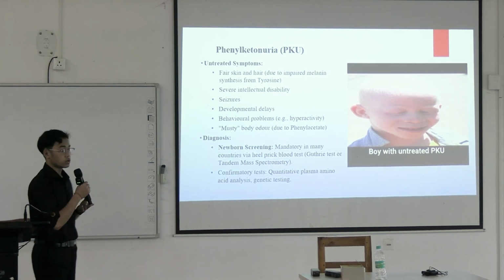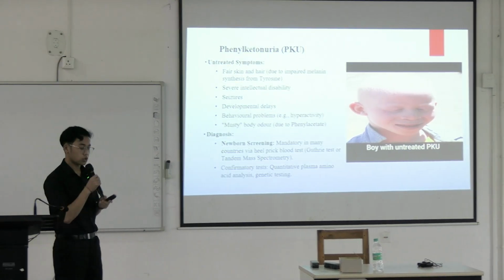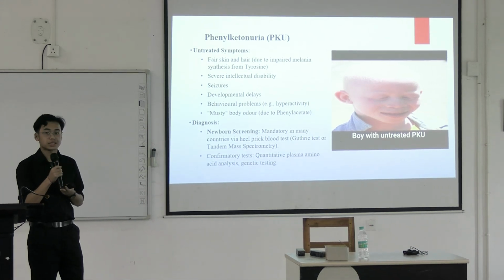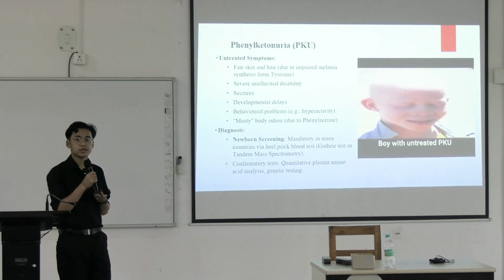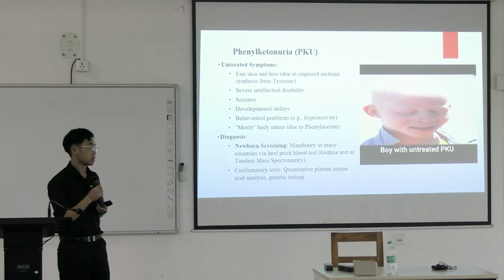Thank you, Rumi. Moving on to our next autosomal recessive metabolic disorder, we have tyrosinemia. Now, what is tyrosinemia? Tyrosinemia is a hereditary metabolic disorder in which our body fails to break down the amino acid tyrosine.